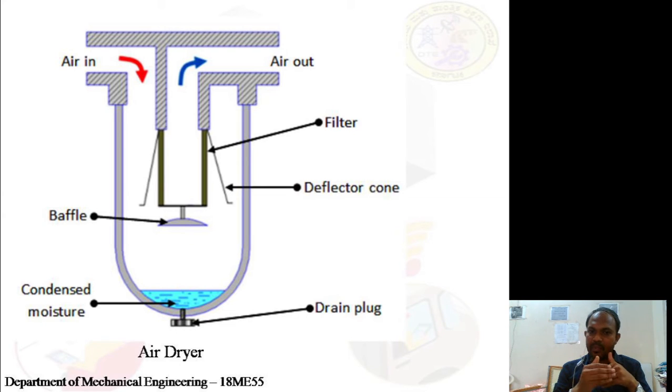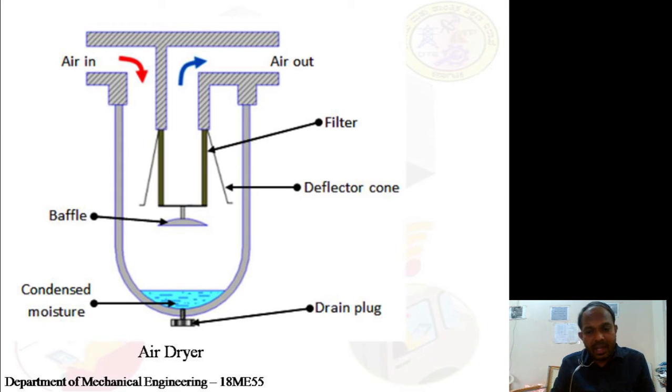The air, now free to move, is sent out through the filter, which can be a dry filter that also takes out any small amount of water particles or moisture left. The dry, clean air goes out and then enters the receiver tank. This is the normal functioning of this air dryer.